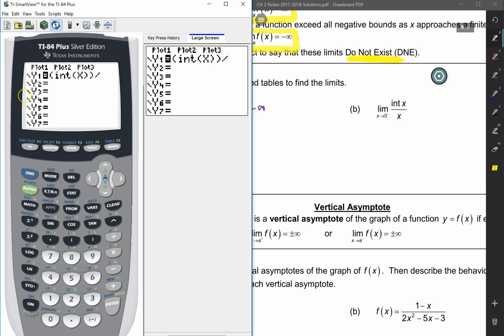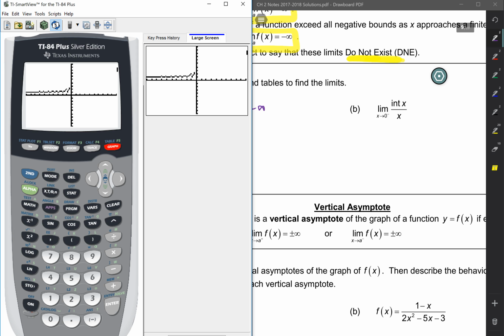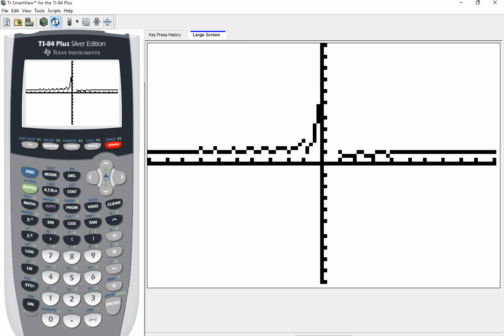Okay, so divided by x, right? Let's graph. Do you see that? Let's just focus here for a minute. This is a horrible window to look at this graph, because what I want is the values as x approaches 0 from the minus side. I don't need negative 10 or positive 10.